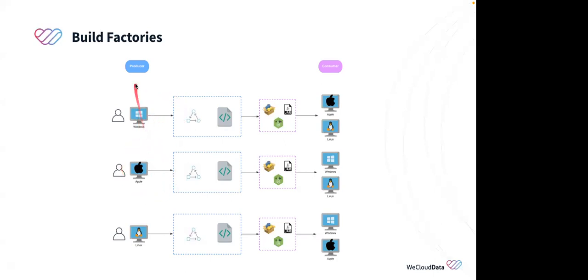Okay, so you have these producers and their environments as they're producing the software and the packages, and when they produce that in that environment, you have the dependencies of the software, and then you actually have the source code as well. So when they build it, they're building it within the environment that their system is on.